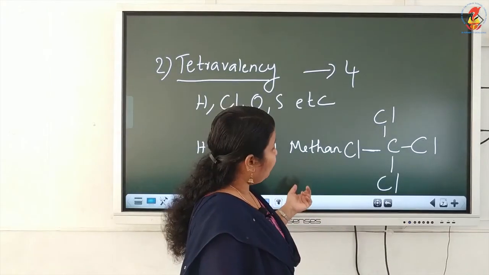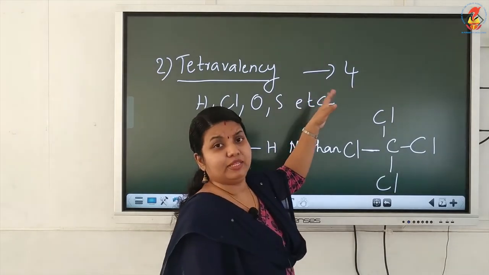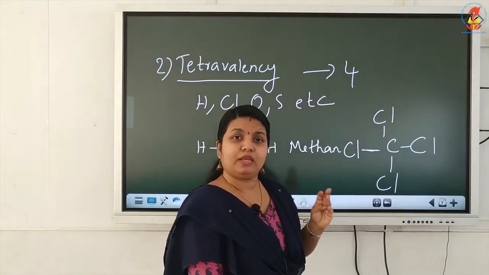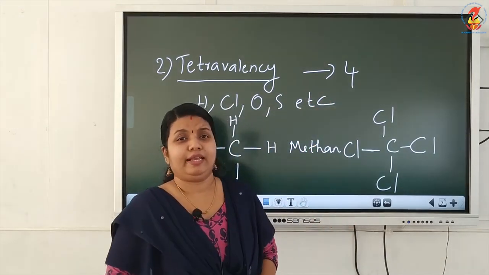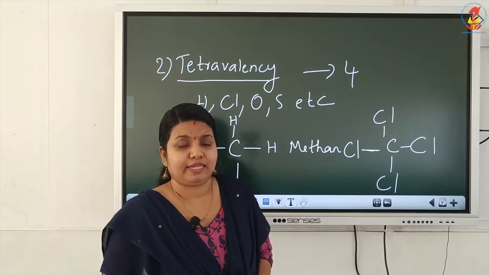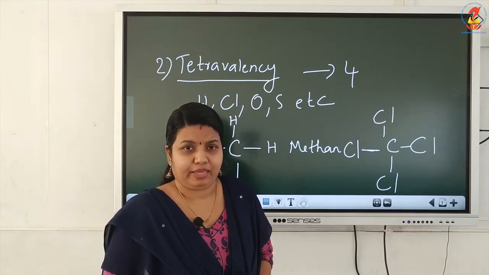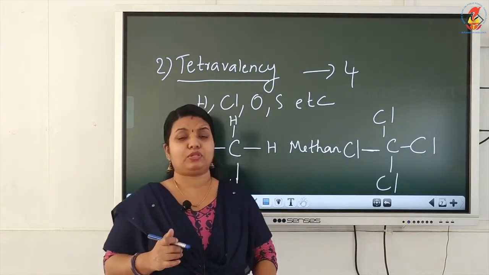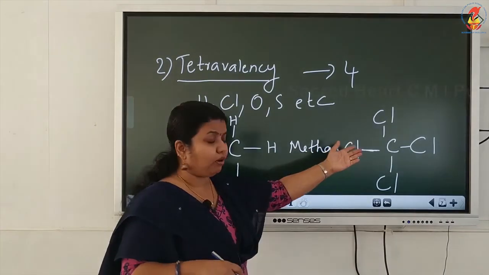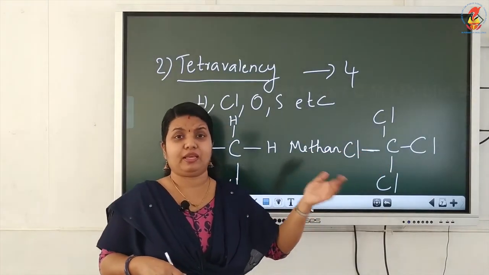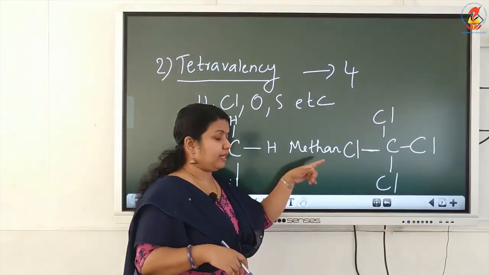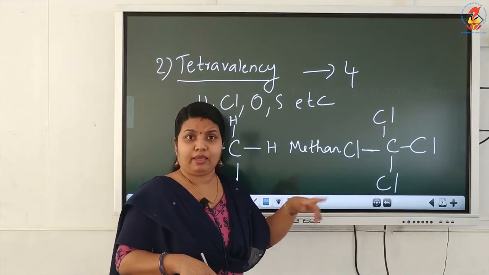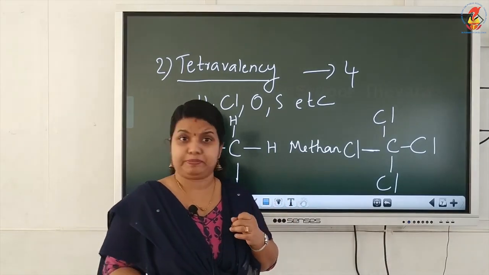So carbon can form bonds not only with other carbon atoms, it can form bonds with other non-metals like hydrogen, chlorine, oxygen, nitrogen, etc. So this gives rise to a large number of compounds with specific properties. All these are different compounds. They have their own specific properties, and the bonds formed with other elements are very strong, and the compounds formed are exceptionally stable.